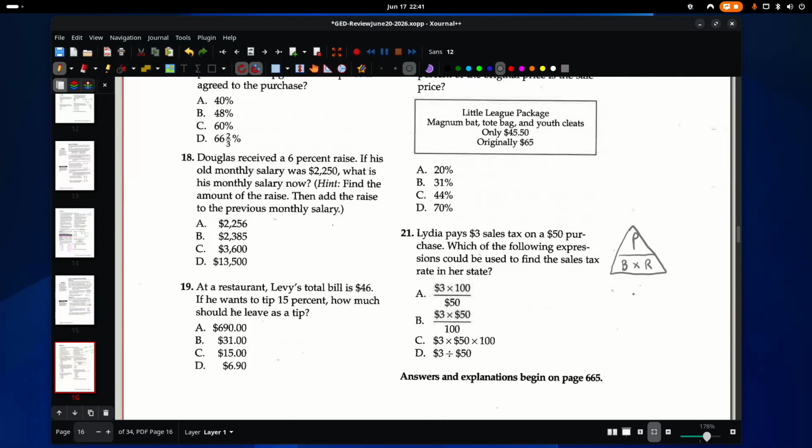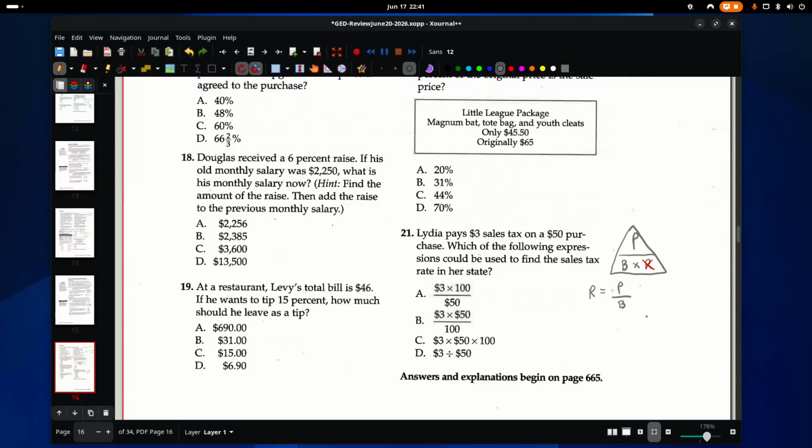We want to find the sales tax rate, so we would cover up the R. So R is going to be the part over the base.